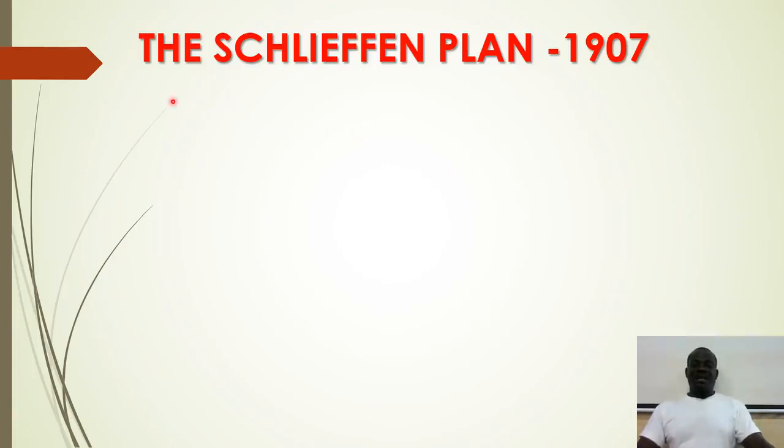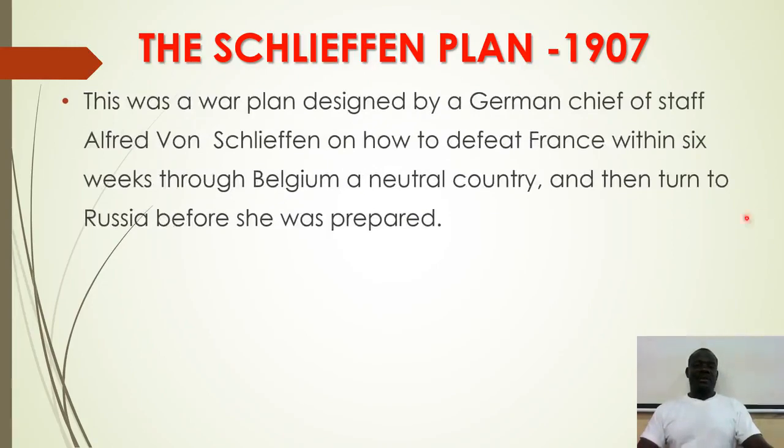Now another thing that we have said comprised the arms race was the war plans. So let us look at one of the plans, and this one was the Schlieffen Plan of 1907. This was a war plan designed by German Chief of Staff Alfred von Schlieffen on how to defeat France within 6 weeks through Belgium, a neutral country, and then turn to Russia before she was prepared.